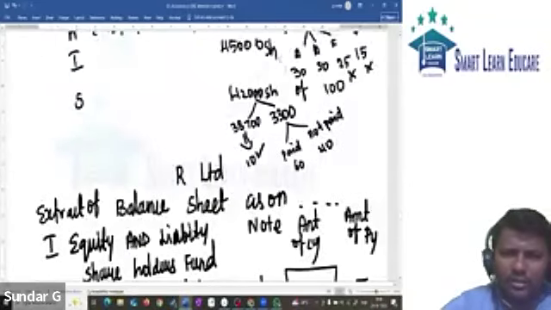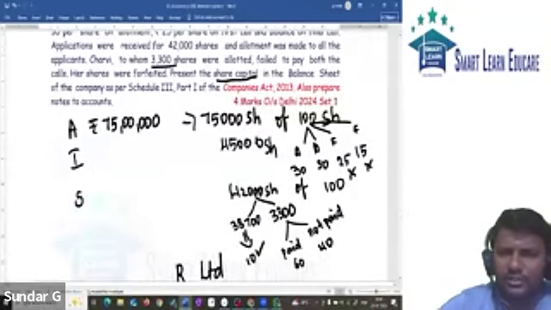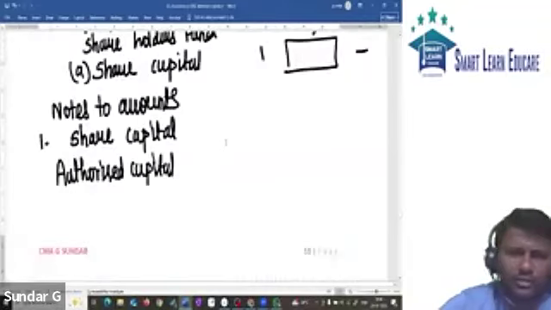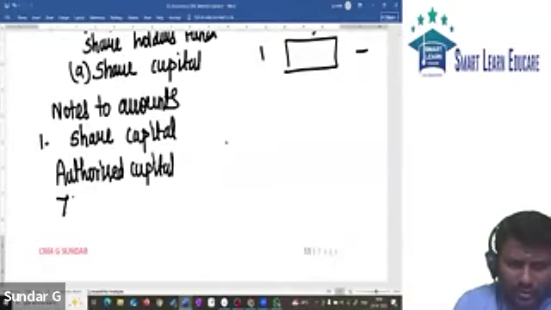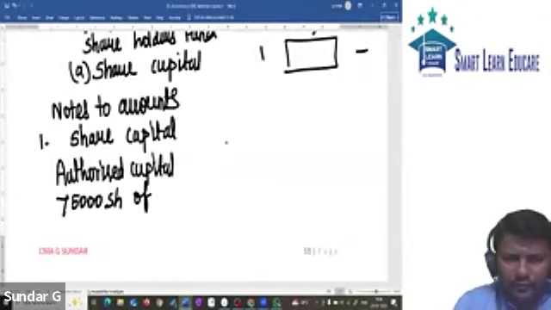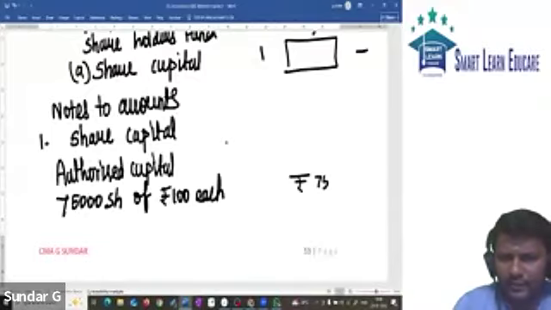For 75,000 shares of rupees 100 each. So the amount is rupees 75 lakh.